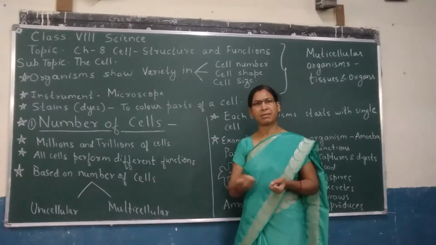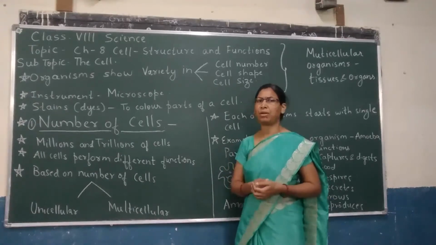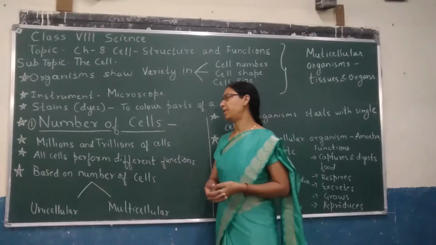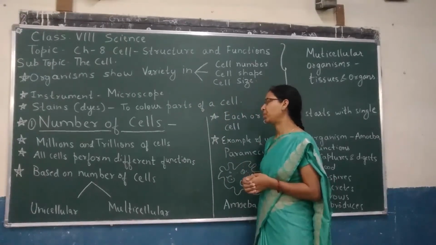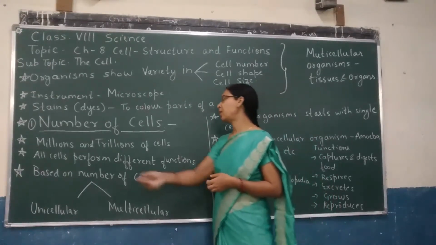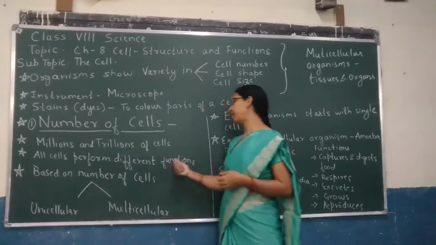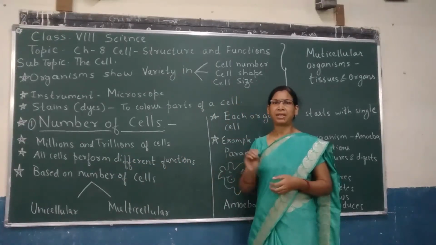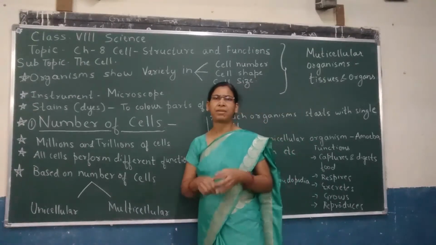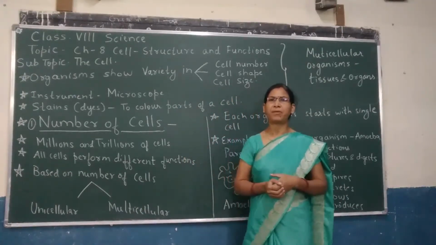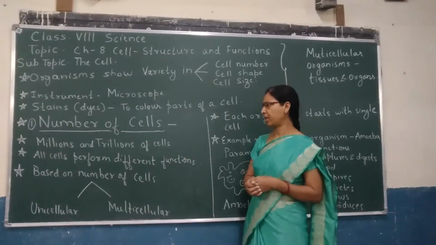For lower organisms it can be a single cell, and for higher organisms it can be millions and trillions, like us human beings. But all these cells perform different functions. Whether it is a small lower organism or a higher organism, each cell is capable of performing different functions.